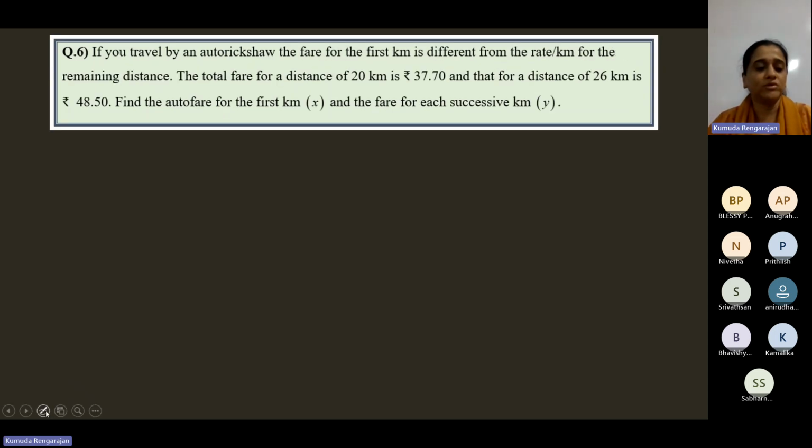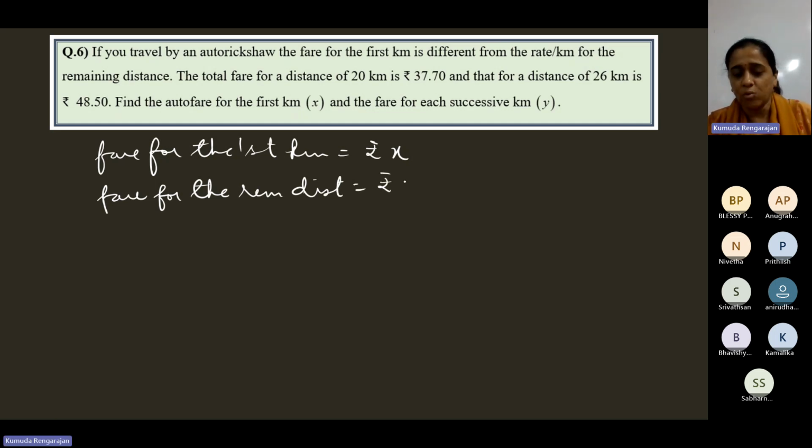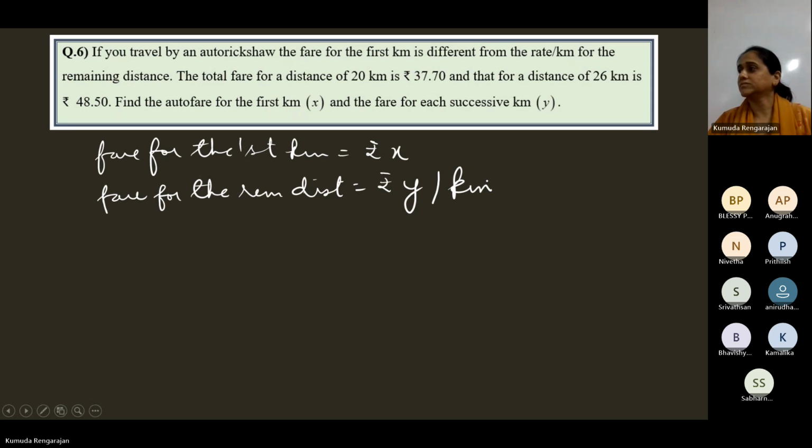No, see, we have to break down the fare into two parts, children. Let the fare for the first kilometer be rupees X, and let the fare for the remaining distance be rupees Y per kilometer. For the first kilometer, he is charging you a flat X rupees.